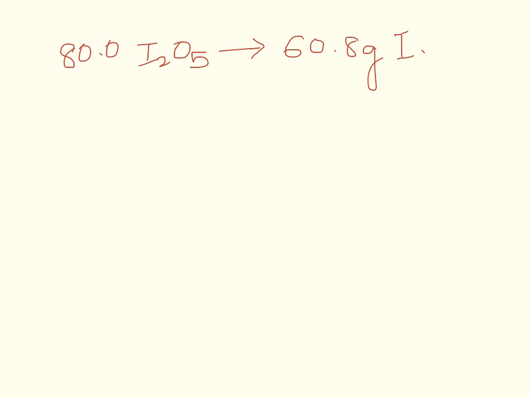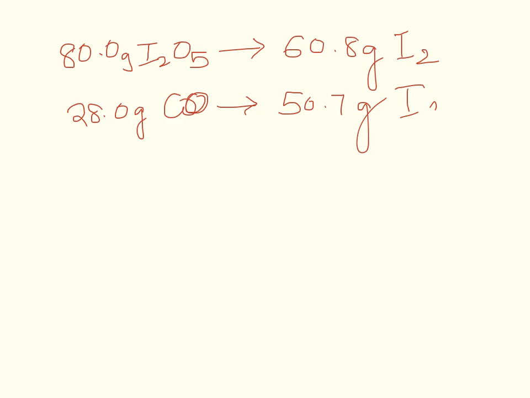So that means in this case you assumed you have an infinite amount of carbon monoxide, and then if you use 28 grams of carbon monoxide, you ended up with 50.7 grams of iodine. What you have to now do is pick the minimum amount.